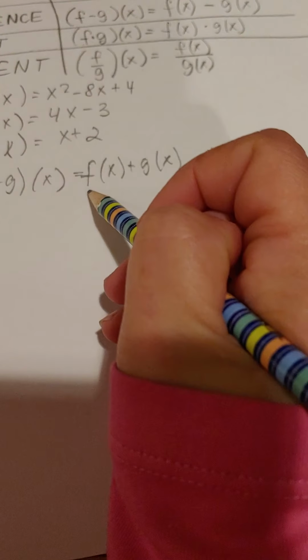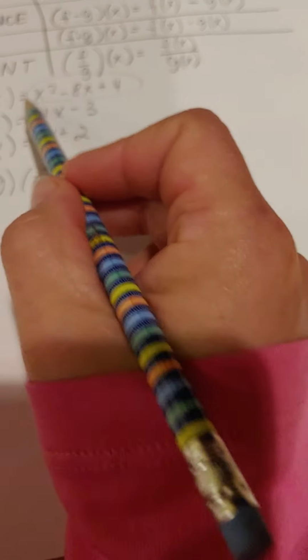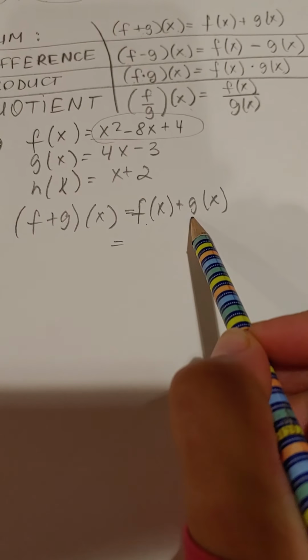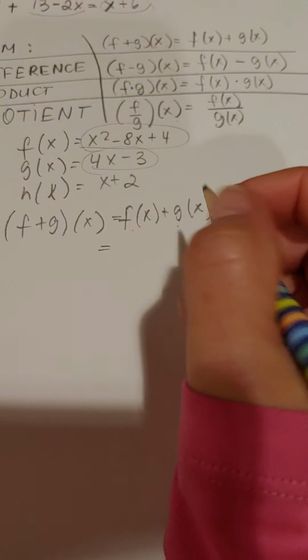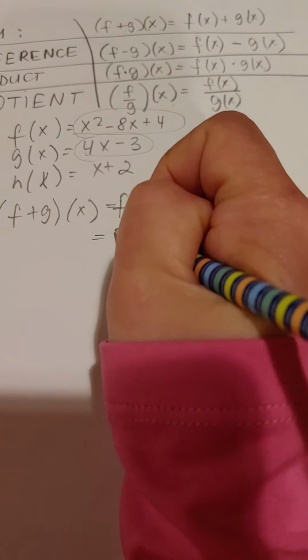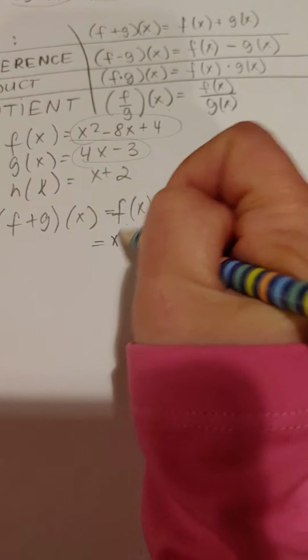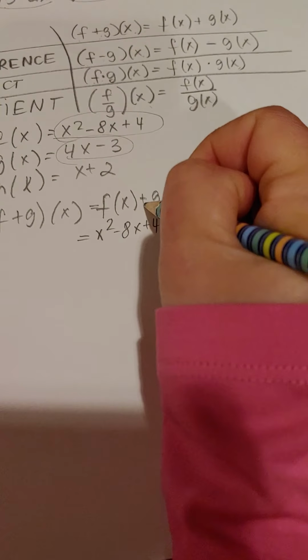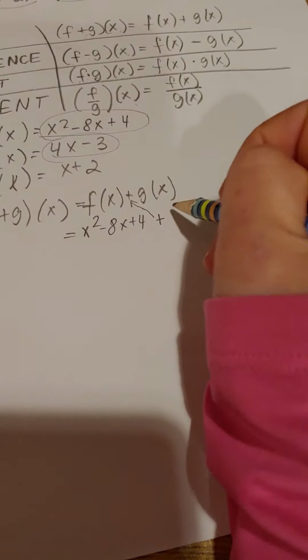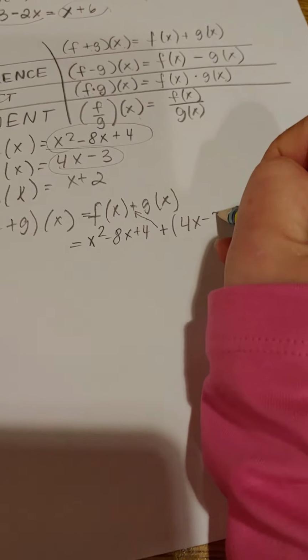Now we're going to replace f of x with this and g of x with this. So f of x is x squared minus 8x plus 4. Then we're going to copy this plus and then 4x minus 3.